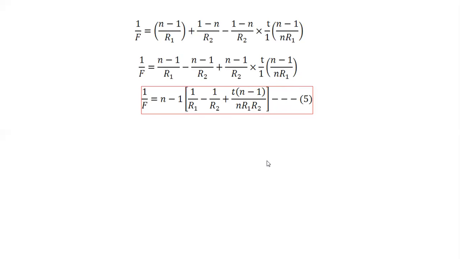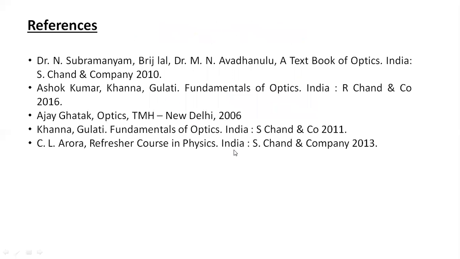So this is the expression for the focal length of a thick lens of refractive index n, with radii of curvature r1 and r2, where t is the thickness of the lens.